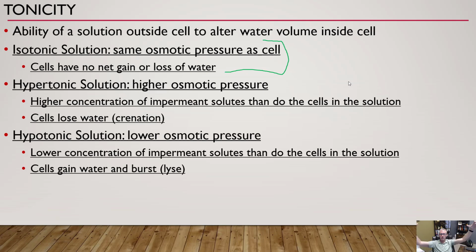Water's going to move from the plasma into the cells to try and dilute that osmotic pressure. So water moves inside the cells. Cells are going to expand, and possibly burst. We say that the cells lyse, L-Y-S-E.